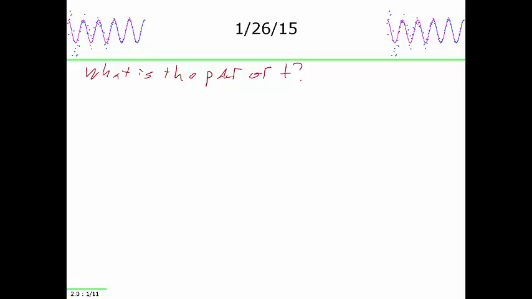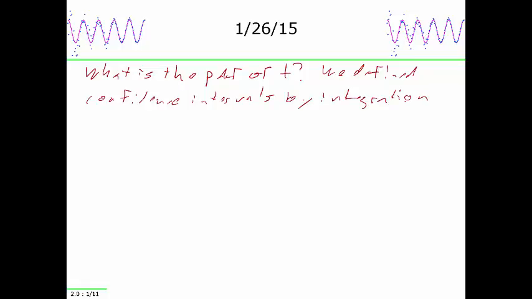Well, okay, maybe. I think I know where you're going, but let me ask this. How did we define confidence intervals about z? Well, by integrating over the PDF. We defined confidence intervals by integrating over the PDF of z. So how do we find confidence intervals using the t statistic?